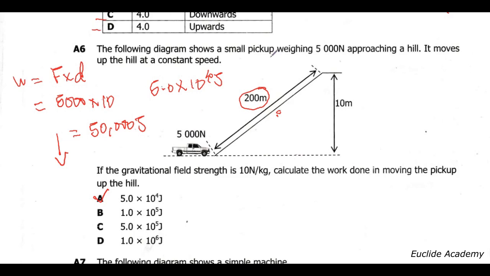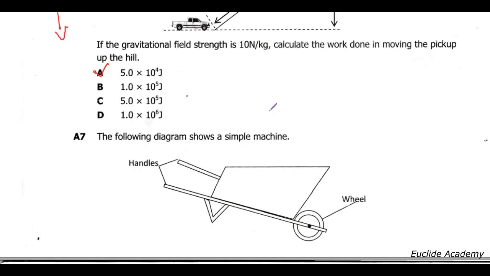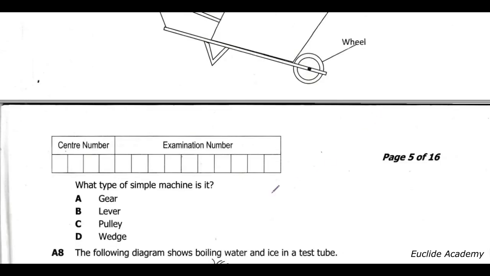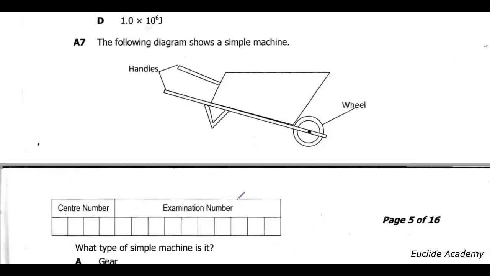The following diagram, that is question 7, shows a simple machine. We've got handles and we've got a wheel here. What type of simple machine is this?